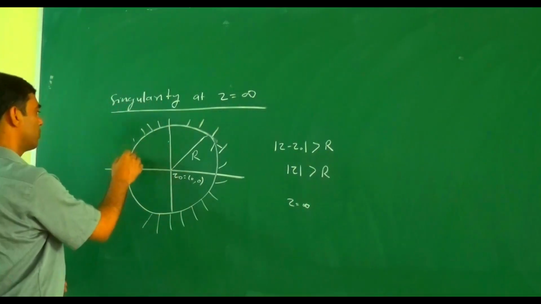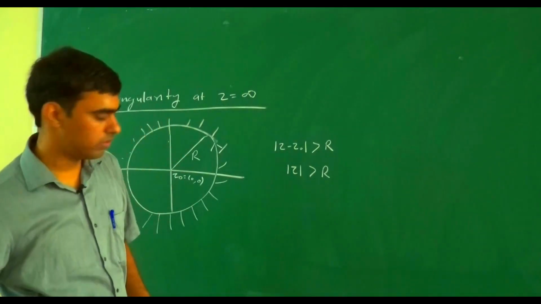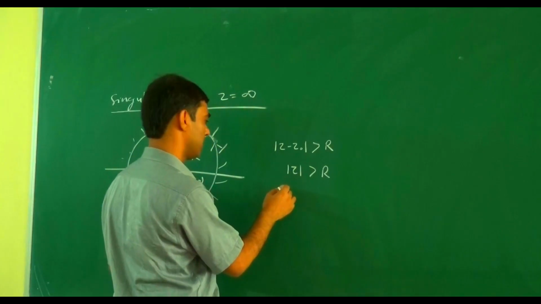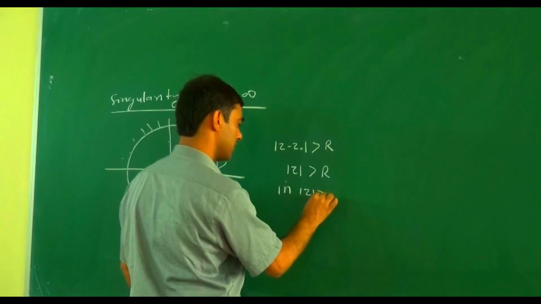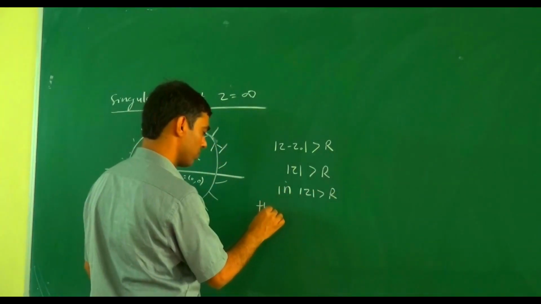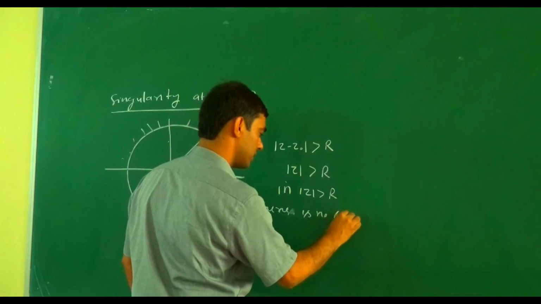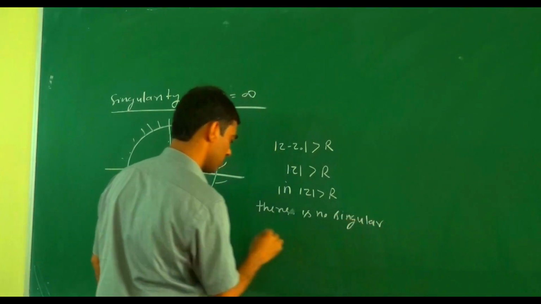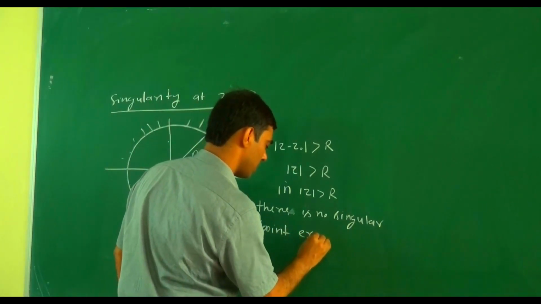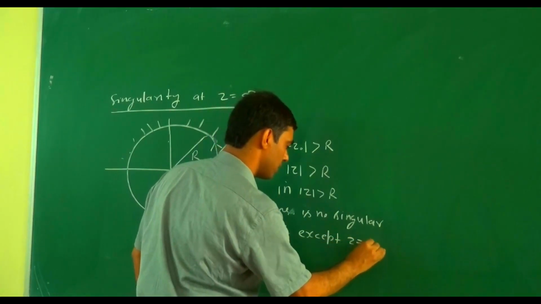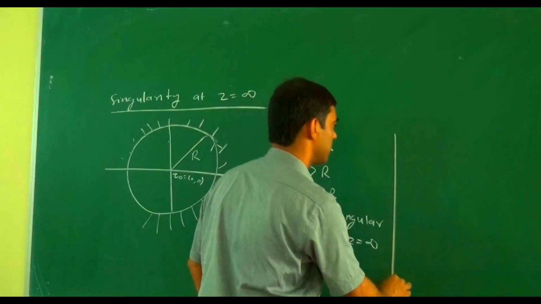Means in this outer region, mod of z greater than R, there is no singular point except z equal infinity. So here we are able to find a deleted neighborhood.